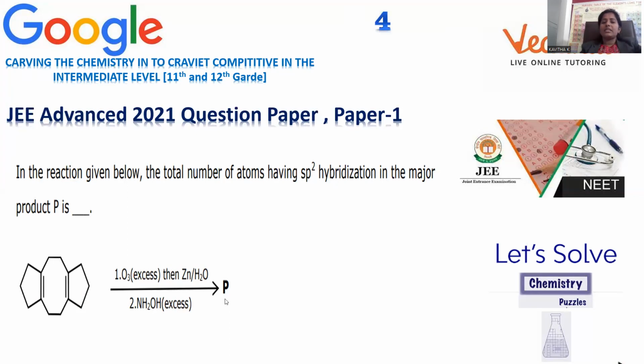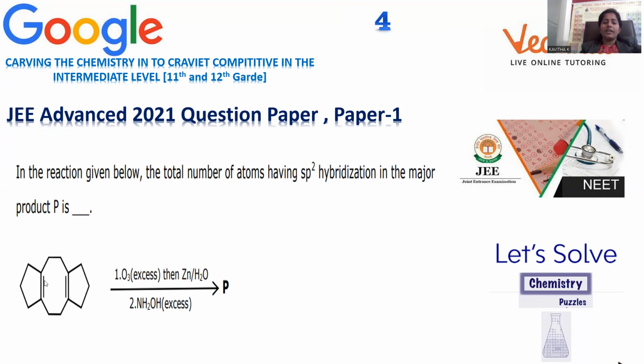So again it is an interrelated question. If you know the answer till P, but you are not able to get what is sp2 hybridization, there is no way to receive the marks. That's the reason why elaborate and extensive knowledge gaining is more important. Then only we can answer this kind of more logical questions.